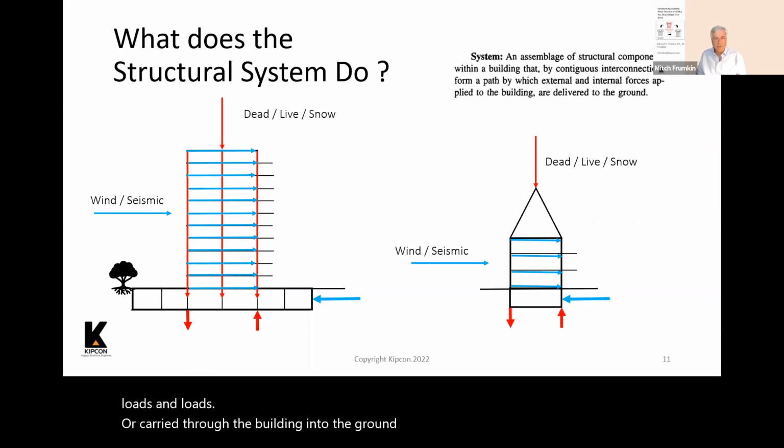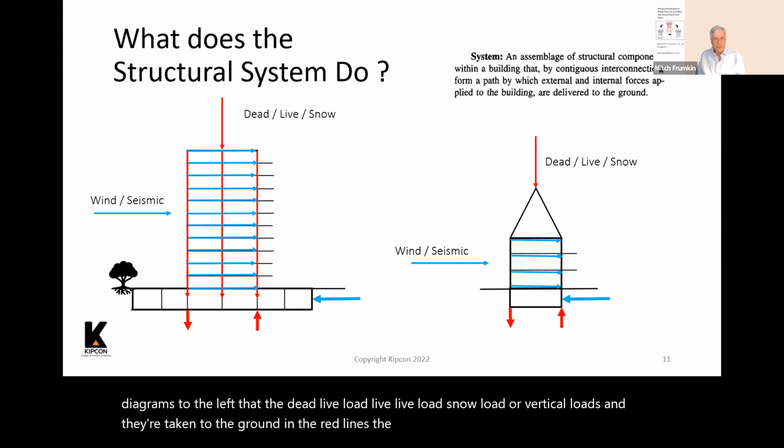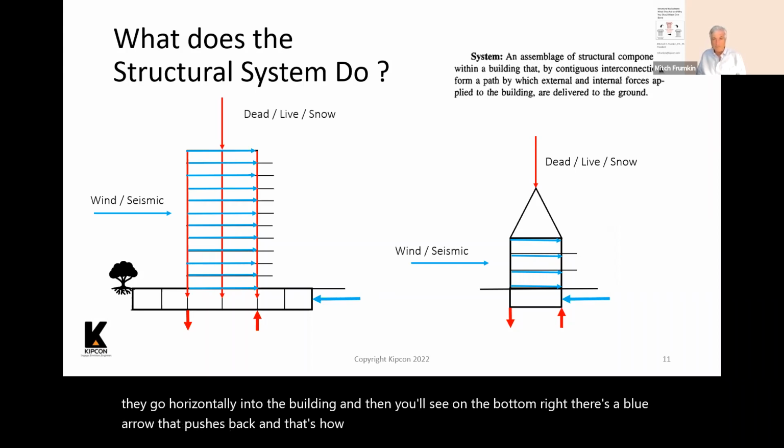So, for example, I'm showing these diagrams to the left that the dead load, live load, and snow load are vertical loads that are taken to the ground in the red lines. The wind and seismic are horizontal, and they go horizontally into the building. And then you'll see on the bottom right, there's a blue arrow that pushes back, and that's how it's transferred into the ground.